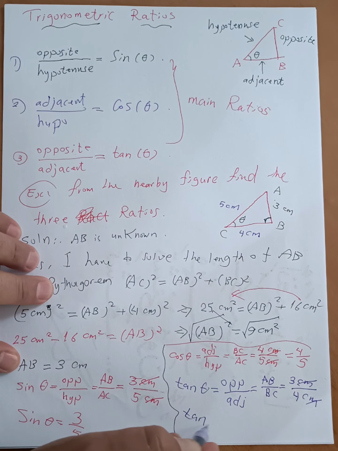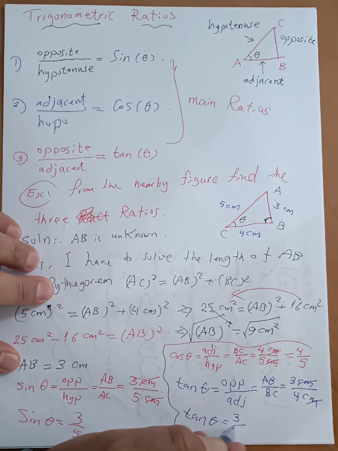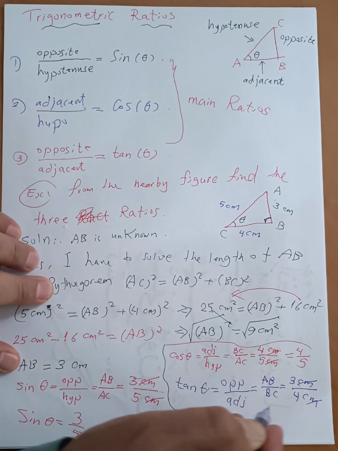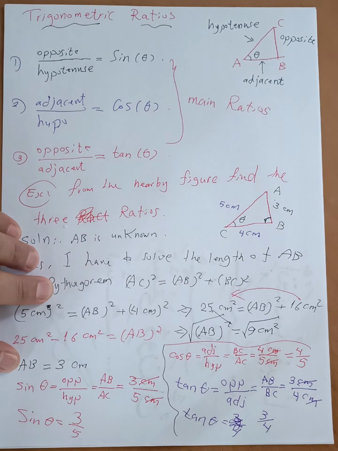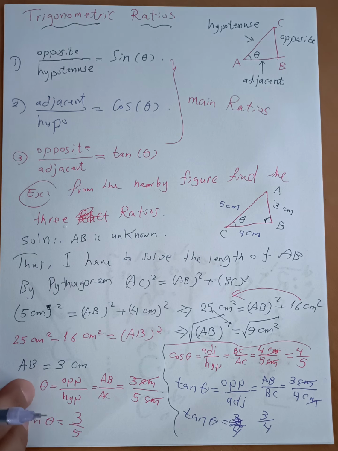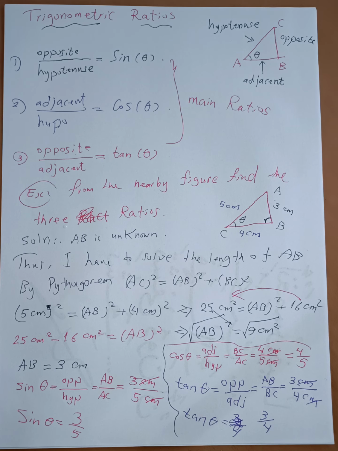Tan theta equals 3/4. By this way, I can find the ratios of any triangle, the sine theta, cosine theta, and tan theta.